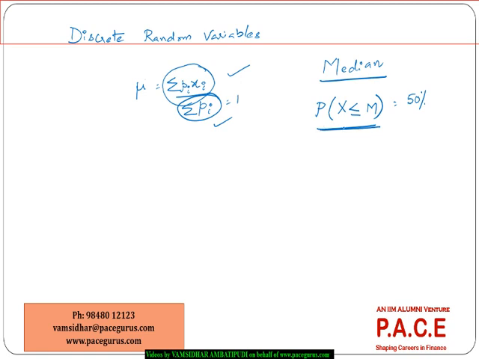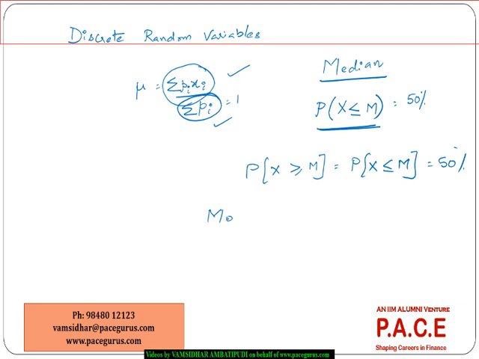The probability that a random variable takes a value less than or equal to the median is exactly 50%, which means the other side is also 50%. So the probability that X takes a value greater than or equal to the median is the same as the probability that X takes a value less than or equal to the median, and both of them should be exactly equal to 50%. That is how we can compute the median.